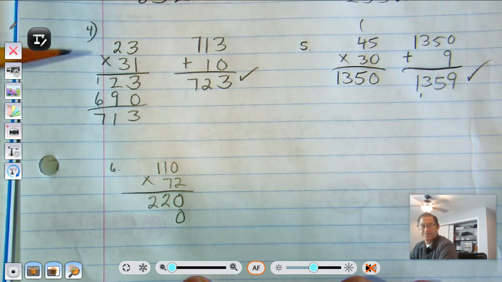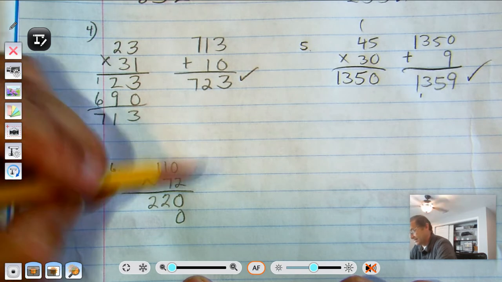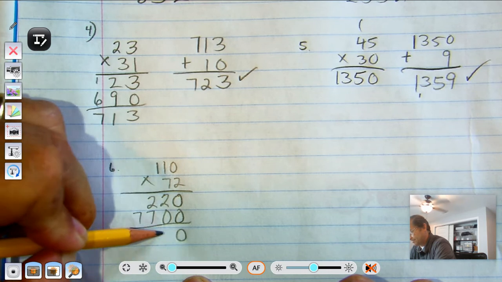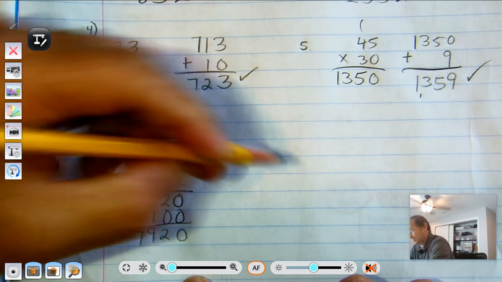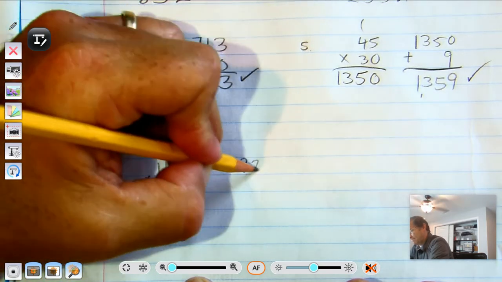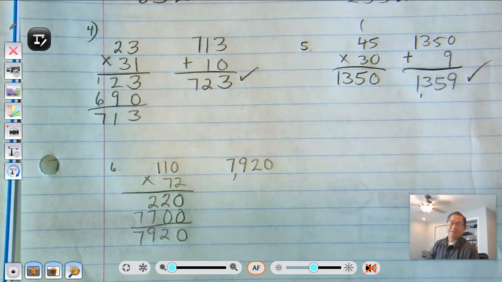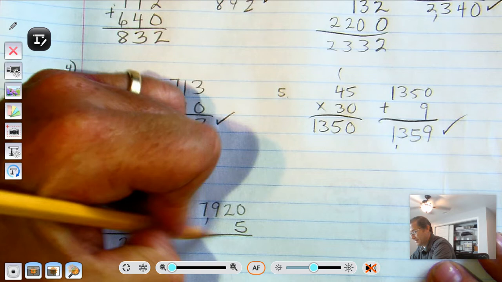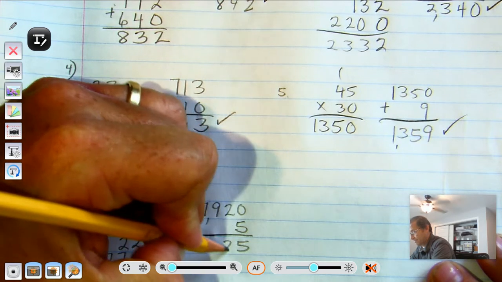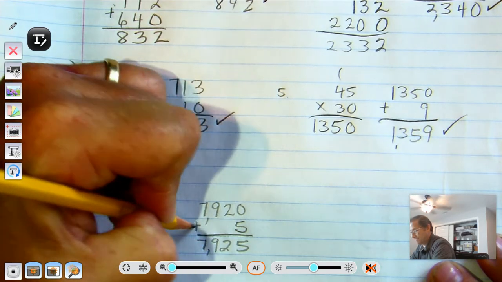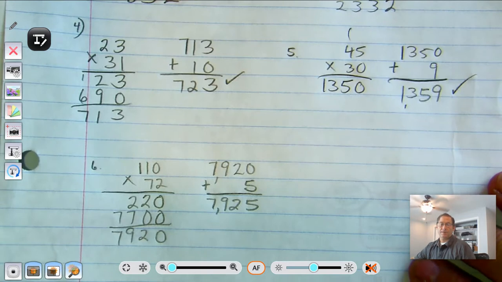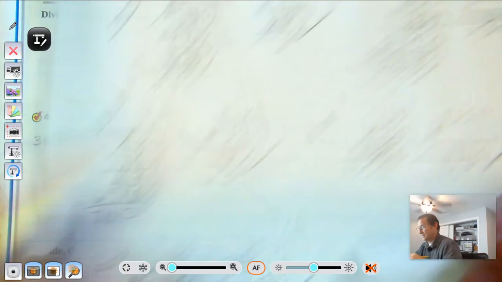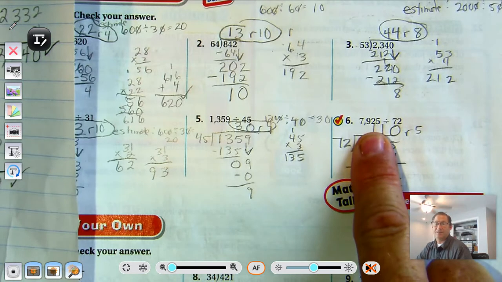Move to the tens. 7 times 110 is 770. So we're at 7,920 and our remainder was 5. 7,925, and that matches the dividend, 7,925.